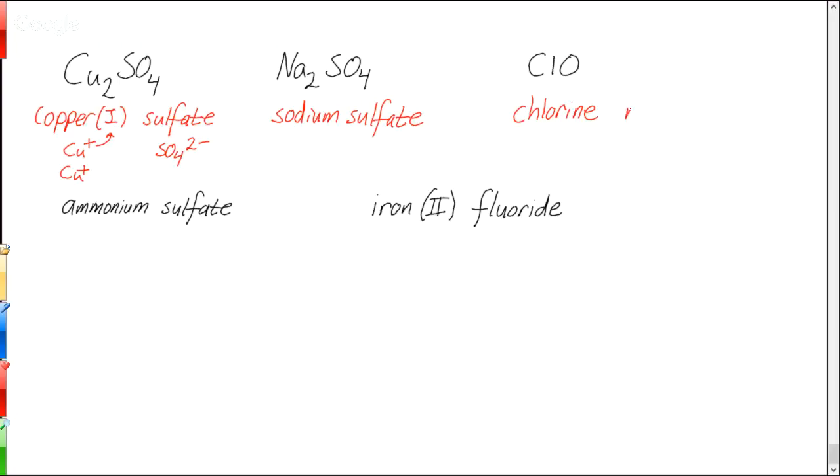So chlorine monoxide. Because it's covalent, we need to specify that there is 1 oxygen. If we just wrote chlorine oxide, that makes it sound ionic. That makes it sound like a chlorine ion and an oxide ion. So because it's covalent, we need to use those prefixes on the second atom.